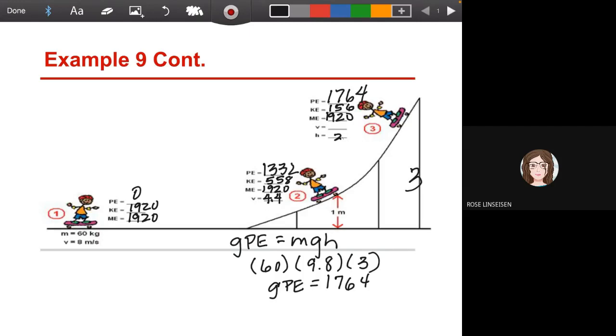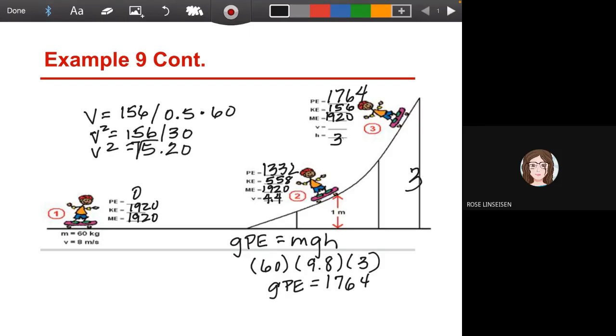My height is 3. So now to figure out my velocity, I'm going to take my kinetic energy divided by 1/2 times my mass, which is 60. So I'll just put my kinetic energy in here. So I have 156 divided by 30, which gives me a velocity squared actually of 5.2, but I don't want velocity squared. I want velocity, so I'm going to have to do the square root of that.